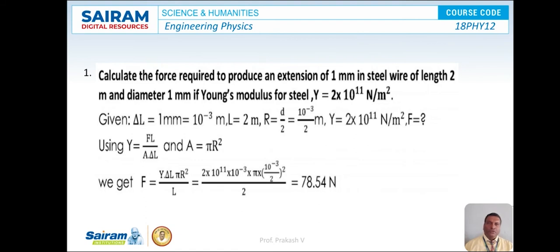So we know the equation for Young's modulus, Y is equal to FL by A delta L, where A is the area of cross section, that is nothing but pi r square. So F can be written as Y delta L pi r square by L. Substitute the values in the formula, that is 2 into 10 to the power of 11 into 10 to the power of minus 3 into pi into 10 to the power of minus 3 by 2 whole square, whole divided by 2.